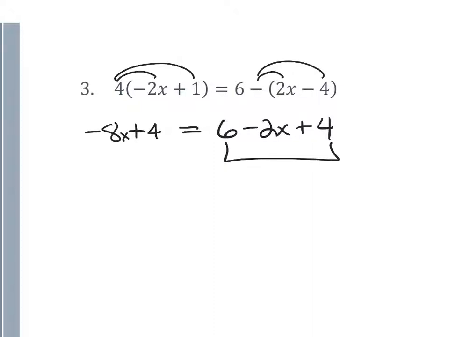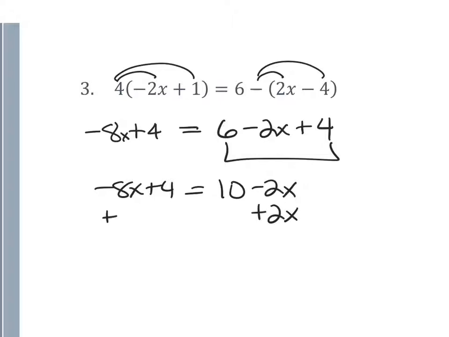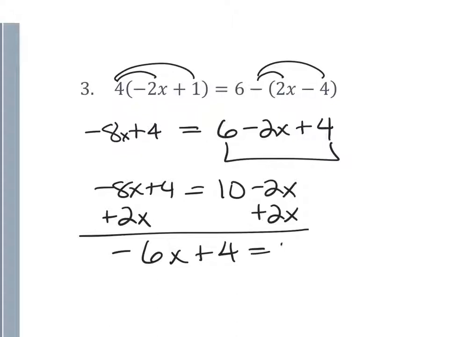So this becomes 10 minus 2x. I'm going to drop down the other side here. And now I can begin to use my properties of equality. So I could move the 8 to the right, but I'm going to move my letters left. -6x plus 4 equals 10. Move the 4.